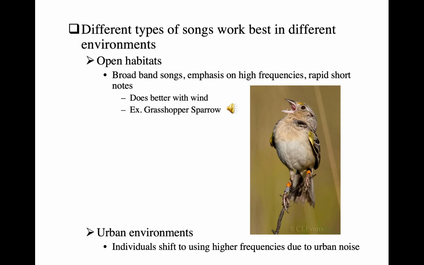And so what birds are doing is they're kind of trying to scream over that by raising the frequencies of the vocalizations that they use. So, for example, if you compare northern cardinals in an urban setting versus a rural setting, or northern mockingbirds in an urban versus rural, in the urban setting, they'll be using more higher frequency vocalizations.